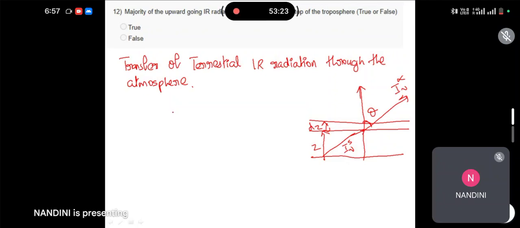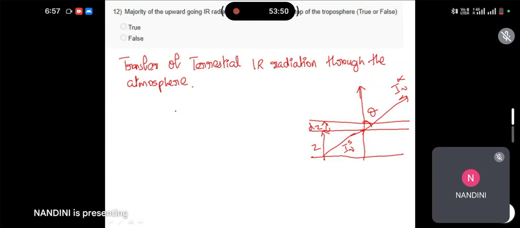As the radiation travels upwards, it will be absorbed by the atmospheric gases. So I nu s is being emitted from the Earth's surface. As it is traveling through the atmosphere, the gas molecules will absorb this radiation. Once these molecules absorb the radiation, they will re-emit the radiation as well.